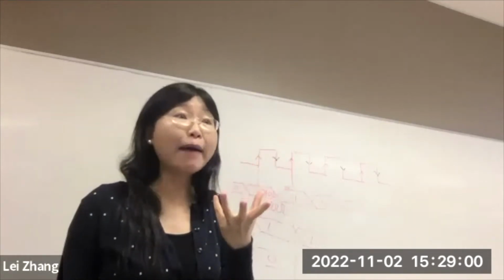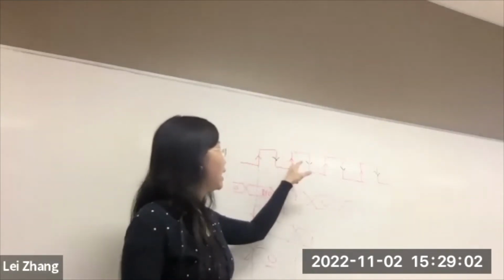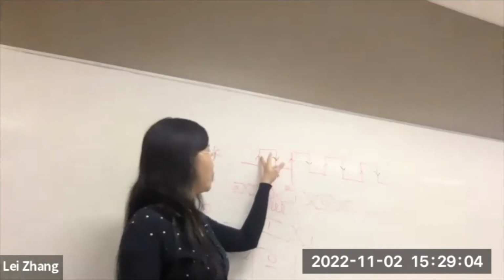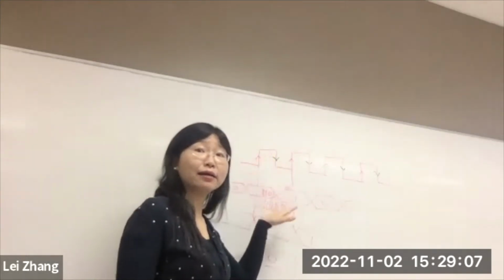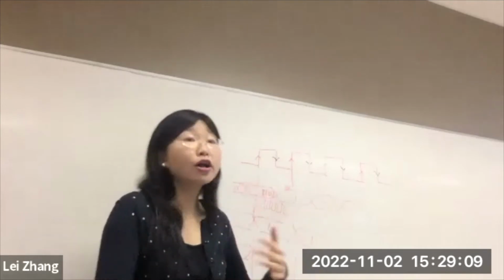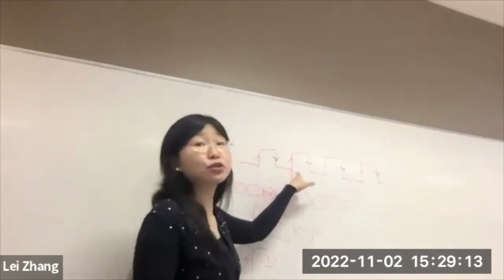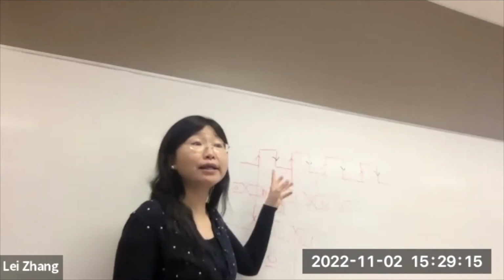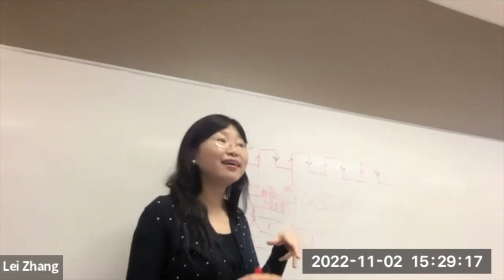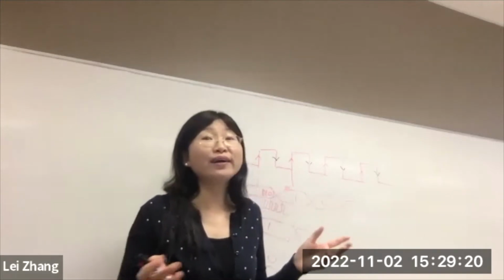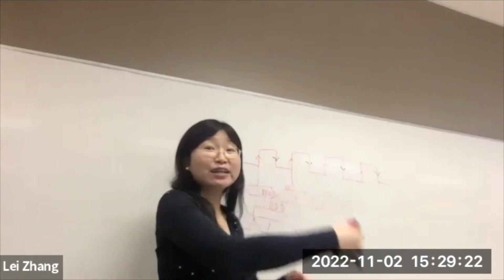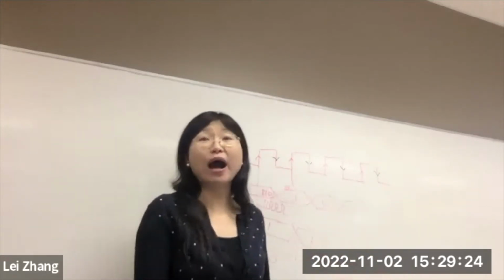Otherwise, what would happen? The input comes in, and after all this combinational logic, we expect to see the output at the next rising edge of the clock. But at that time, the output is not stable. It's still passing all these gates and trying to work out the final logic output.